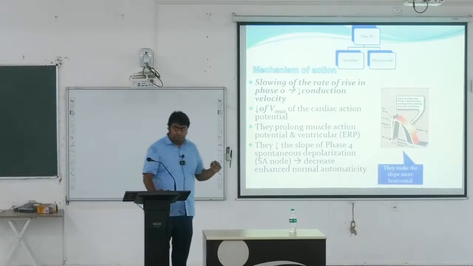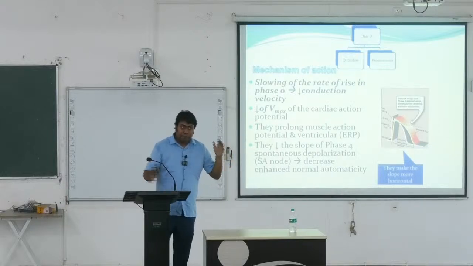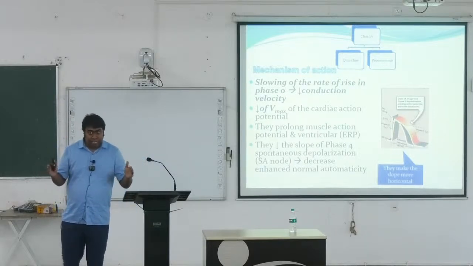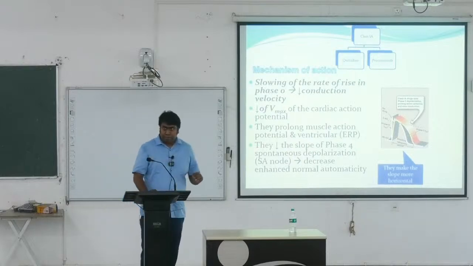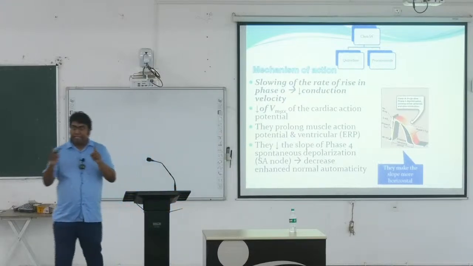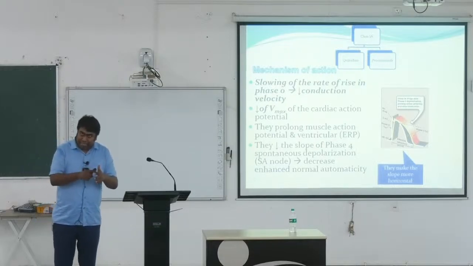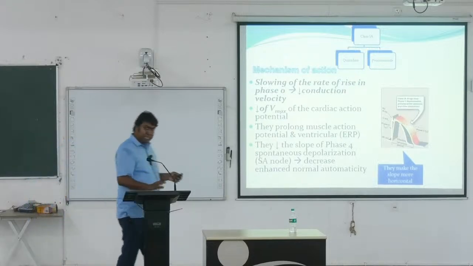Clear? These are the four points. They act on the sodium channel, which is effective other than in the SA node and AV node, that is, in the ventricle, atrium and Purkinje tissue. Conduction will be less. Clear?